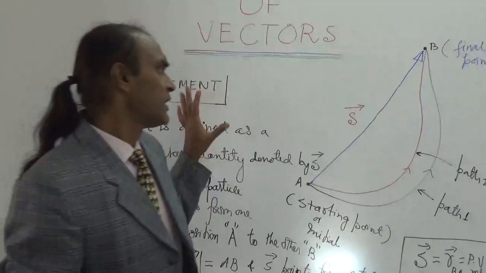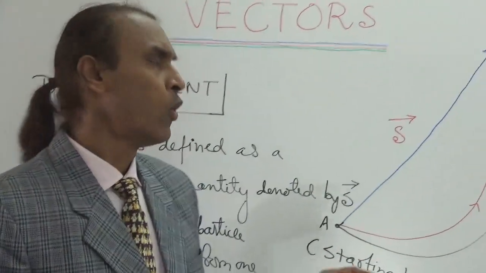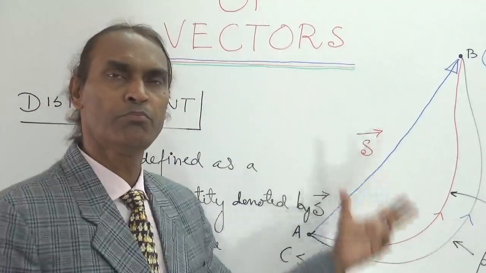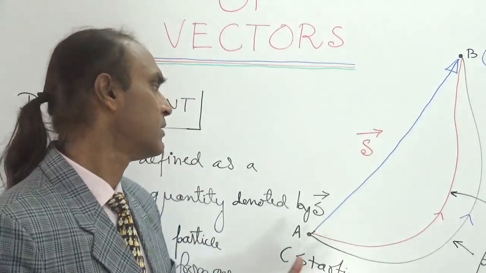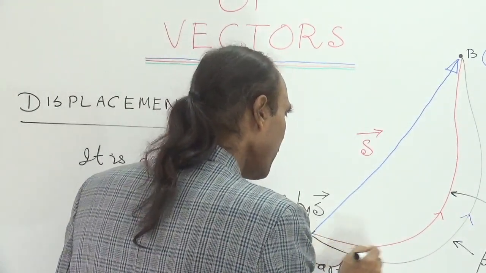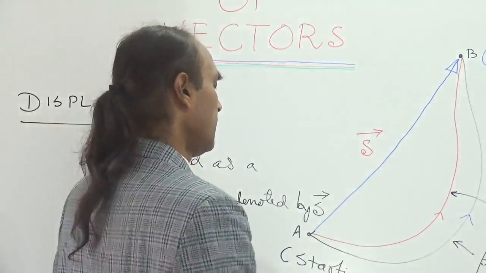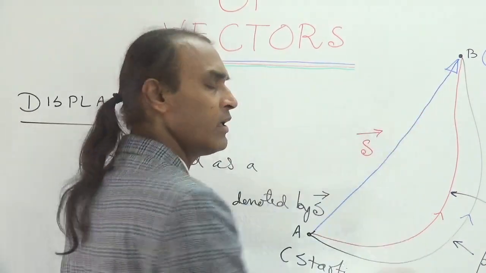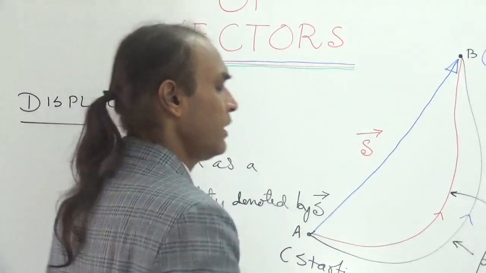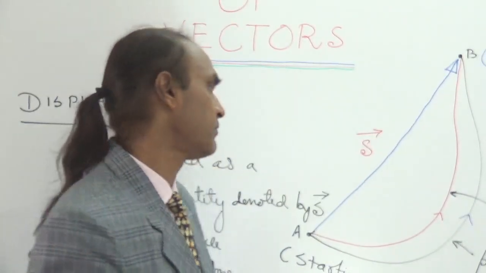Using the displacement vector, which is the simplest vector, it is the most physically realized. You can understand it because when the tip is actually moving from A to B, the shortest distance between A and B directed from A to B is defined as displacement.